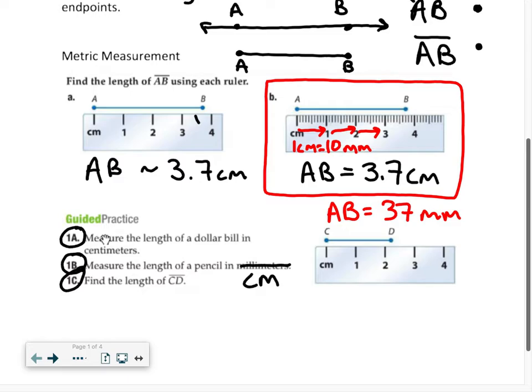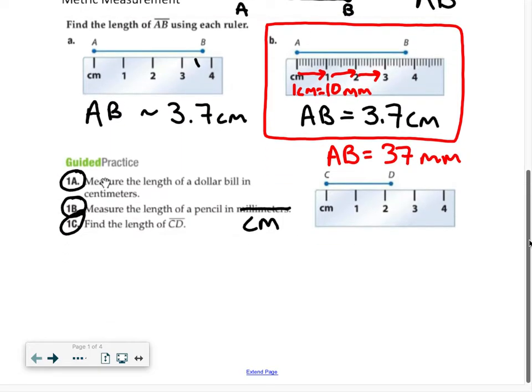The metric system is pretty easy to convert between centimeters and millimeters and even meters. There are 100 centimeters per meter. You can convert in the metric system pretty easily. They all work in units of 10. And if you really did want to take a look at 1B, you probably could measure the length of your pencil using millimeters now.